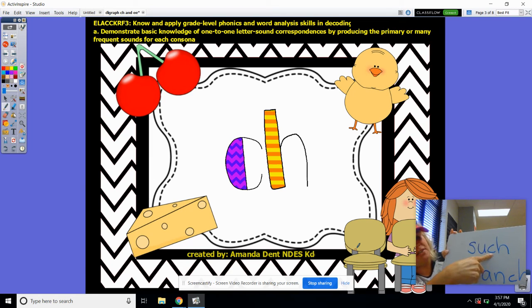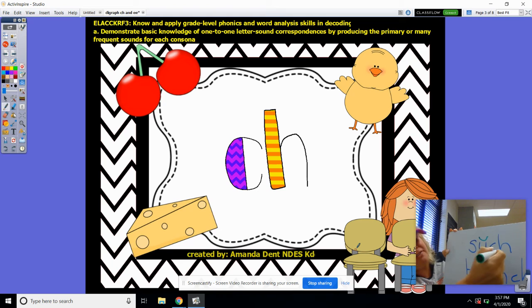Yes, it is. So that means you're going to have to code this vowel with a breve. It's been a while since we've used a breve. We've been using macrons, talking about long vowels, but now we're going back to the breve, all right? So we have to do one more thing to this word. Do you see a digraph? Yes, CH.